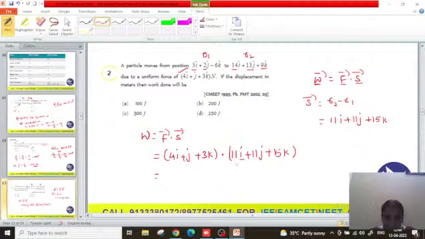But i dot j, i dot k, their values become 0. So 44 plus 11 plus 45. If you add this, we get the work done as 100 joules.